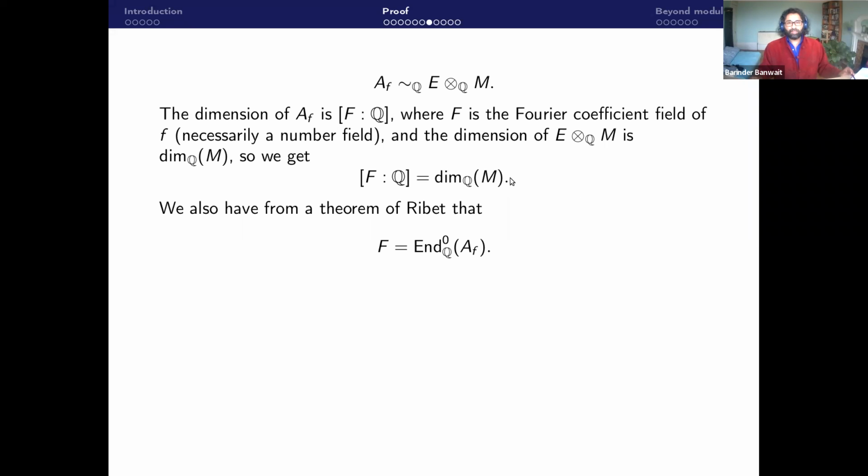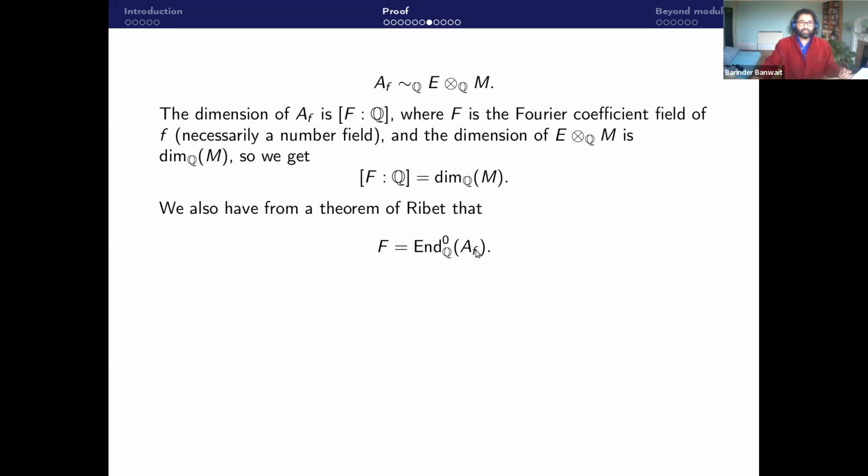Okay, so that's one ingredient, and then another ingredient from a paper of Ribet in the 70s, I think, is that the endomorphism algebra of these A_F, so the endomorphism ring tensored with Q, is equal to this Fourier coefficient field, and this is a field.